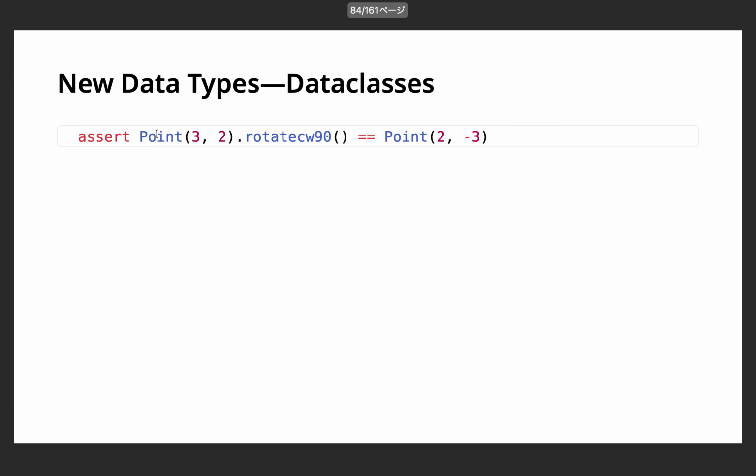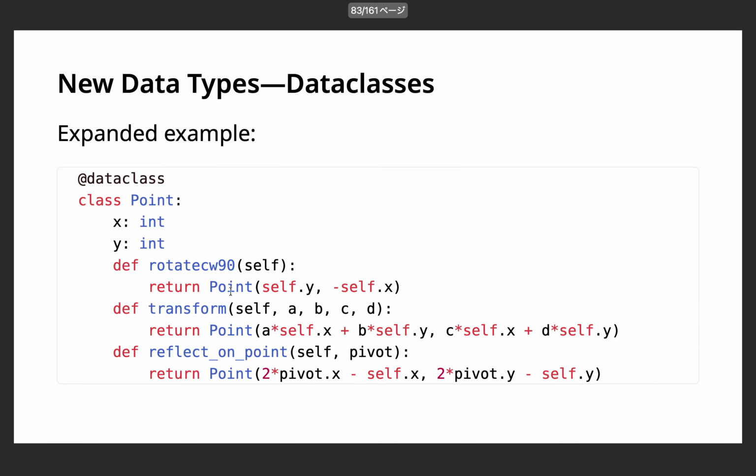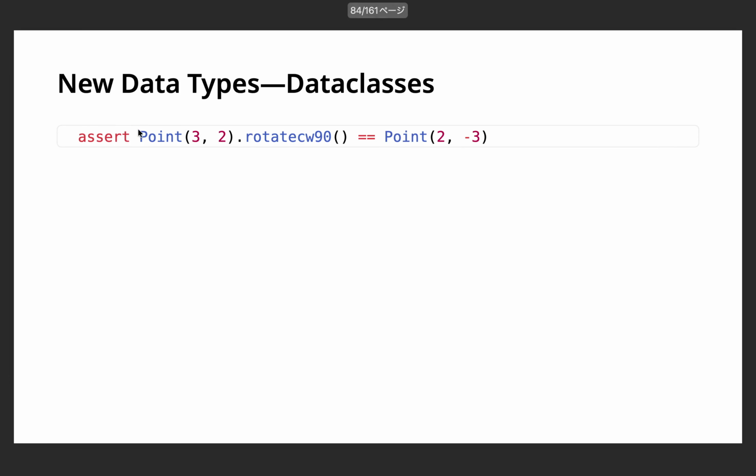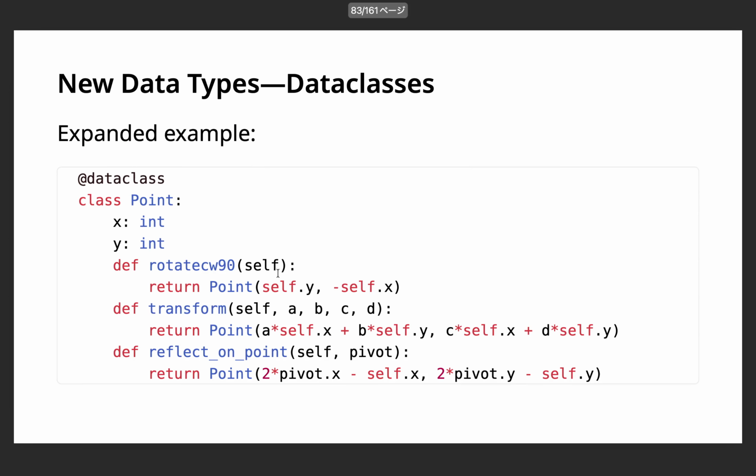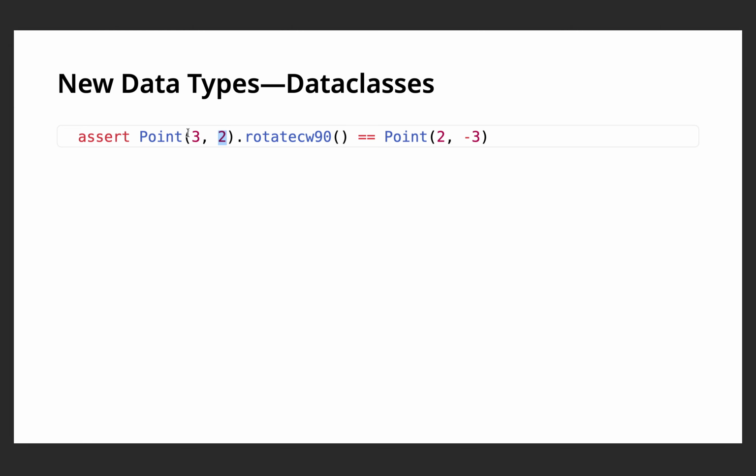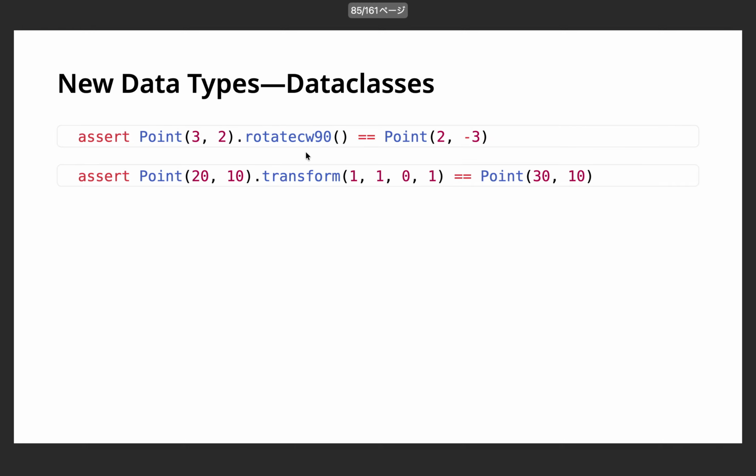So for example here, in this dot rotate clockwise, yung self ng rotate clockwise is referring to this point over here, which is why we have self.y and self.x, which refer to this and this over here. Okay, so self refers to the instance that is using that function.